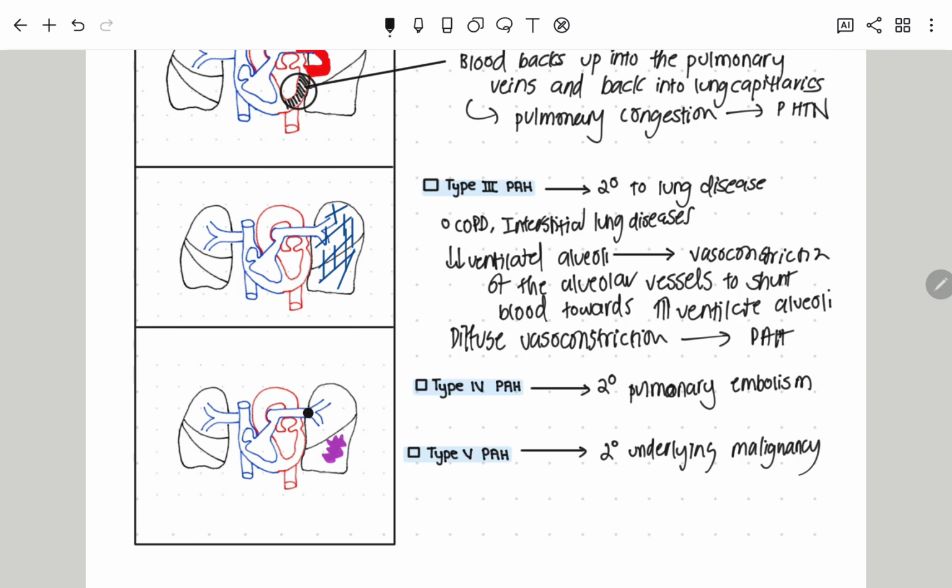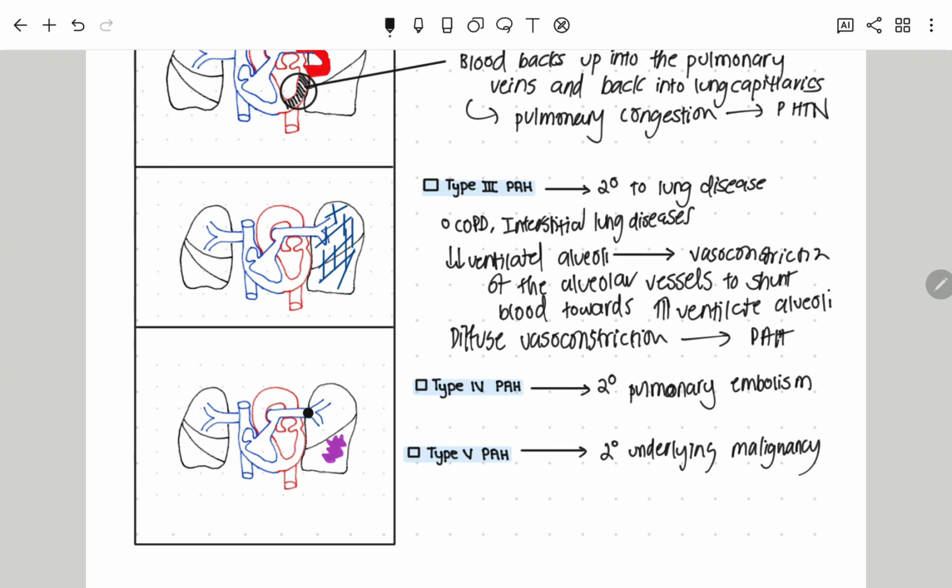Again, you can imagine if the malignancy or if an embolism is blocking a vessel, or it's completely damaged a vessel and you cannot get blood flowing through there, you have an increased resistance, and increased resistance in any of the vessels in the lungs will result in overall increase in the pressure at the level of the pulmonary artery. And so these are the 5 different types of pulmonary arterial hypertensions classified based on their etiology.